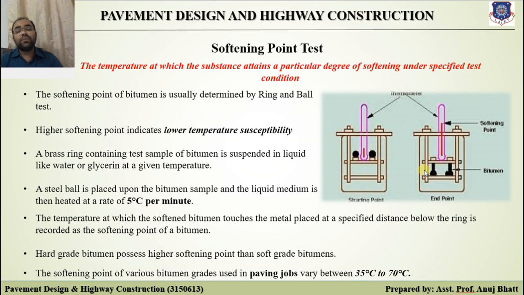A hard grade bitumen possesses a higher softening point than a soft grade bitumen. The softening point of the various bitumen grades used in pavement varies between 35 degrees Celsius and 70 degrees Celsius. So this is what the softening point of a bitumen is about.